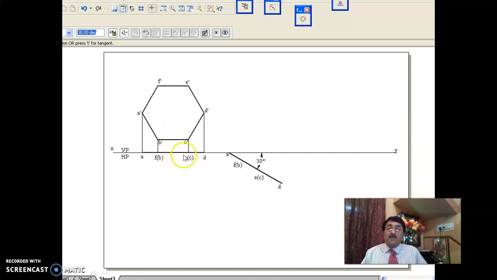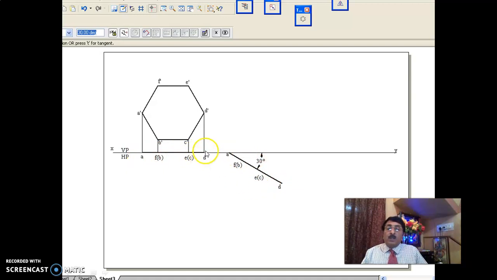That means what you have here is the true length of the diagonal AD. When you pull it like this, it is still made parallel to HP only. That is, the entire thing is made parallel to HP only. As a result, this top view and this top view will remain the same.